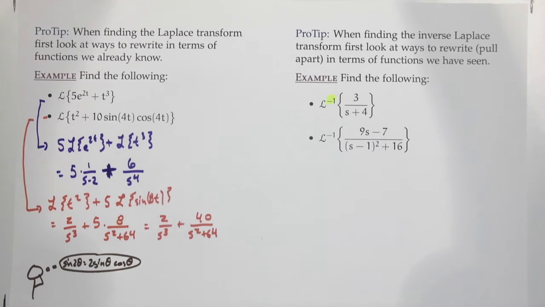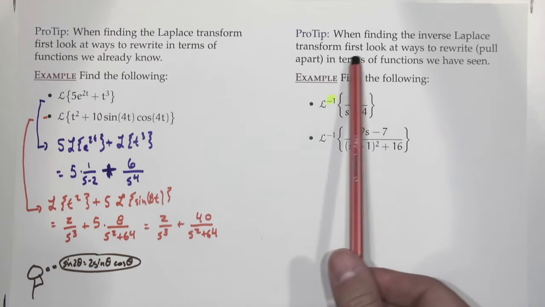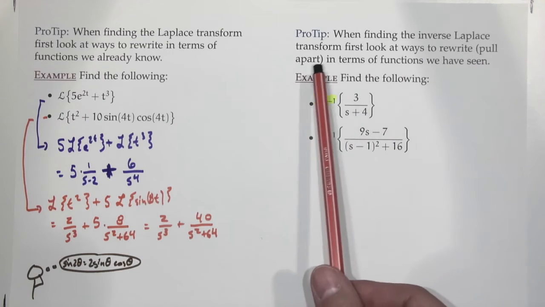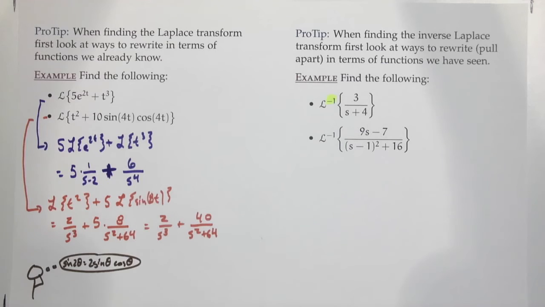When you're finding the inverse Laplace, look at ways to rewrite, pull apart in terms of the functions we have seen. There's really not even a formula for the inverse Laplace. So the only chance you have is to say, how can I make this look like something that we've seen?